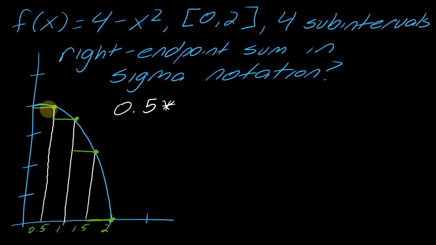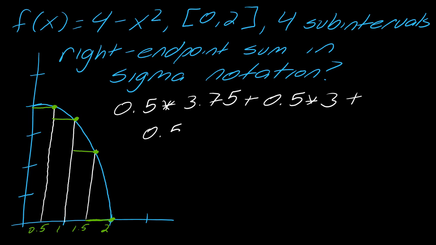So I take 0.5 times the height of the first rectangle, which I know is 3.75, and then 0.5 times the height of the next rectangle, which is 3, and then 0.5 times the height of the next rectangle, which is 1.75, and then 0.5 times the last one, which we know is 0. We can even see that visually, so that's not going to throw us off.